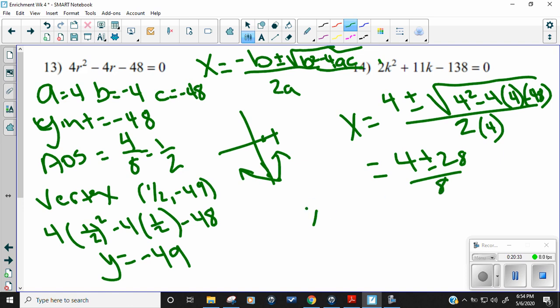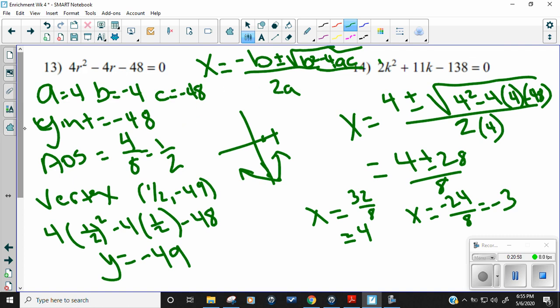So one x is 4 plus 28, 32 divided by 8, which is 4. And the other x is 4 minus 28, which is negative 24 divided by 8, which is negative 3. So there's those four aspects.